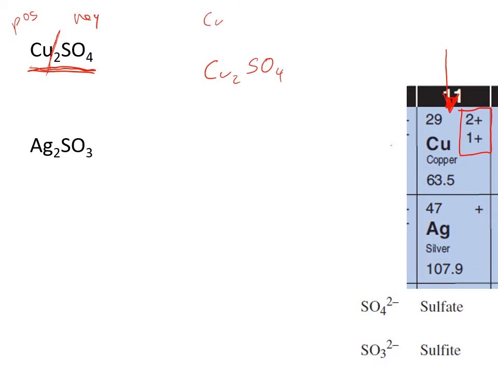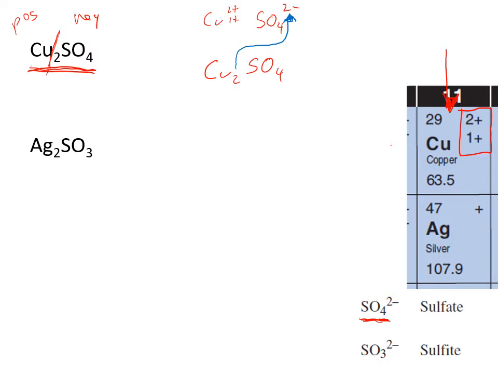So I'm going to write Cu 2+ and 1+, and then I'm going to write SO4, because SO4 is part of this one right here. That 4 is actually part of sulphate, and then it has a 2- right there. So again, we're going to reverse swap and drop, and it went from a 2 to a 2.